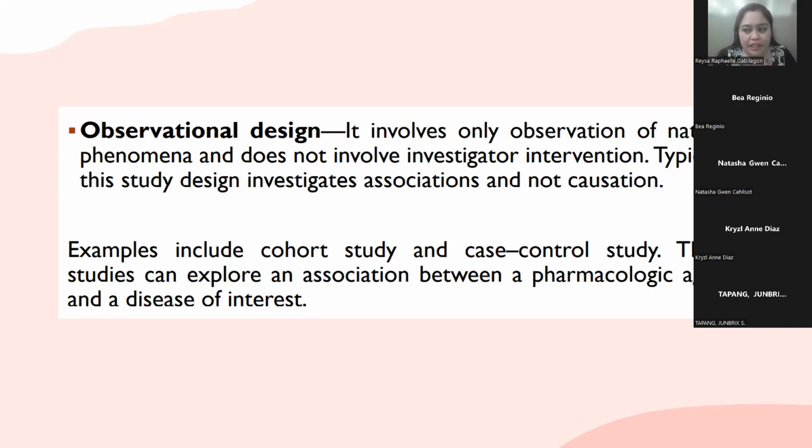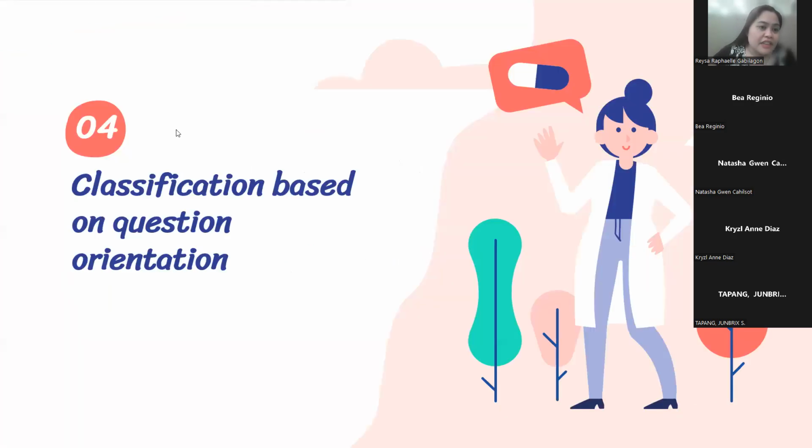Kaya nga di ba nasabi ko kanina, most of the time, yung gumagawa ng research na ito is yung mga people in the medical field. Okay? Kaya yung mga examples kanina like association of this factor to that certain kind of the disease. So yun, orientation nila yun. Nandito pa rin siya sa classification na ito. But this is actually the same thing. Kasi cohort and case control study can be called analytical research designs or pwede din observational design. Okay?